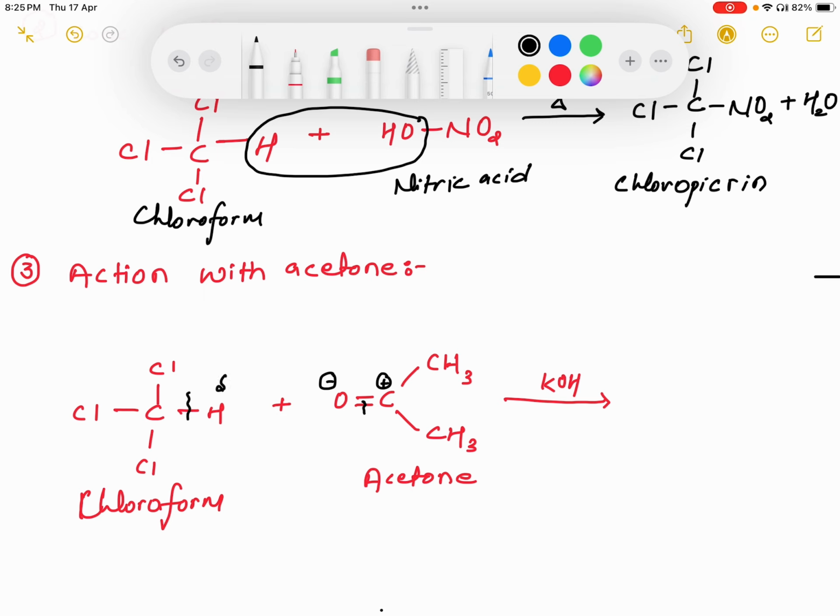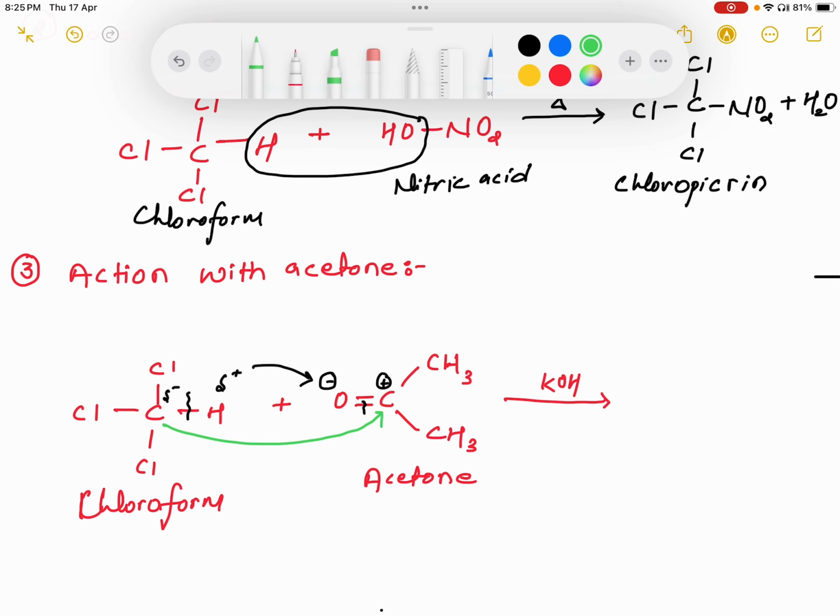The hydrogen will have delta positive charge and carbon will have delta negative charge. Now this hydrogen will go and attach with this O, and the carbon will move and attach with this carbon.